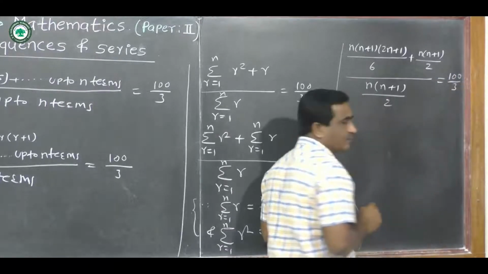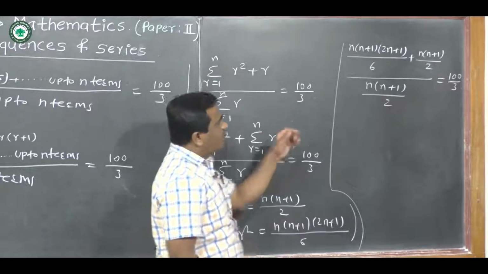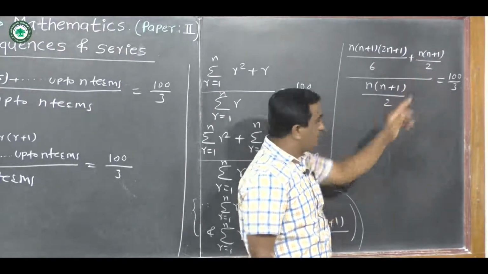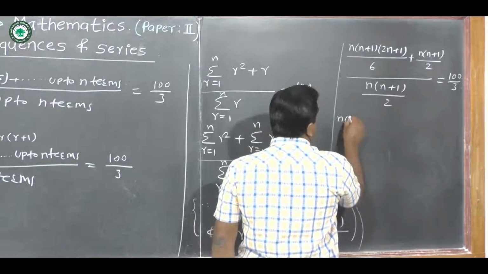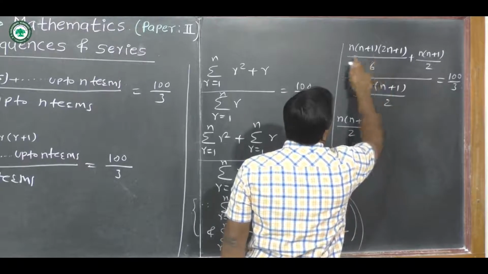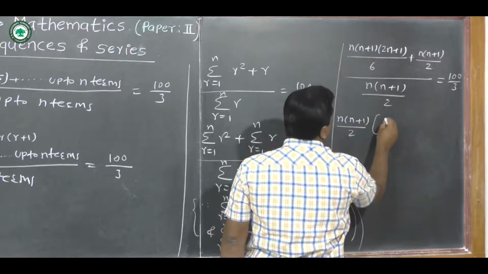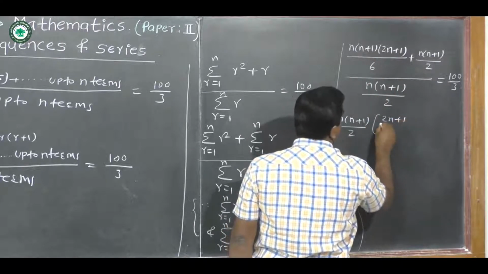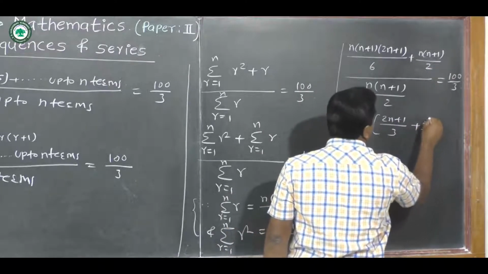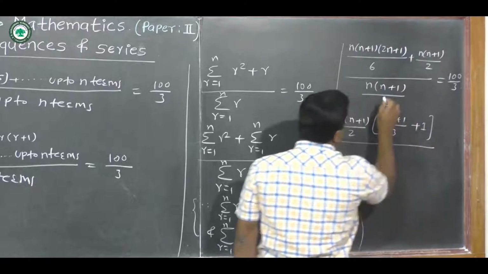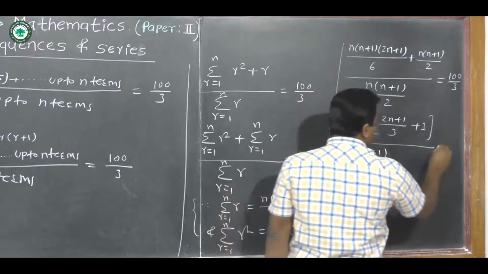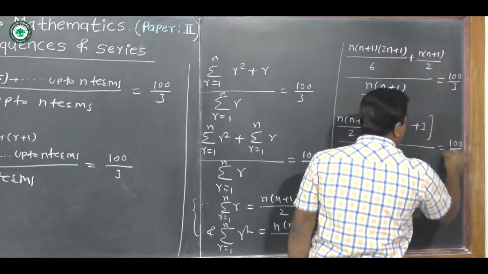Okay. Now in the numerator we can take n into n plus 1 upon 2 common. In the bracket remains 2n plus 1 upon 3 plus 1, upon n into n plus 1 upon 2, is equal to 100 upon 3.